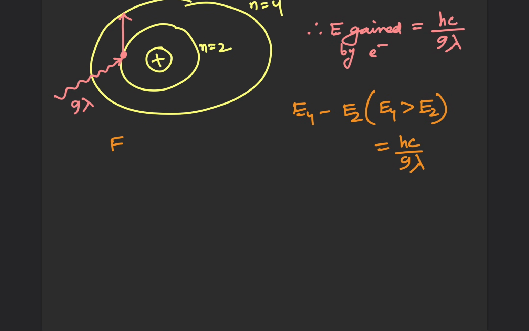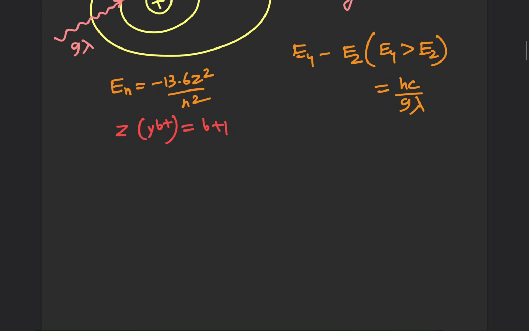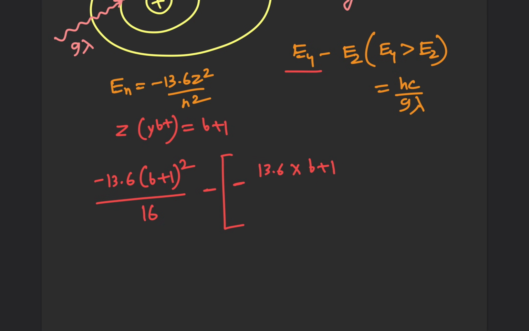From equation 1, that is, En is equal to minus 13.6 Z square by n square. One more thing is the atomic number of Yb plus is equal to B plus 1. So I can write E4 as minus 13.6 into B plus 1 whole square divided by 16, minus of 13.6 into B plus 1 whole square divided by 4, that is E2, which will be equal to hc by 9 lambda.